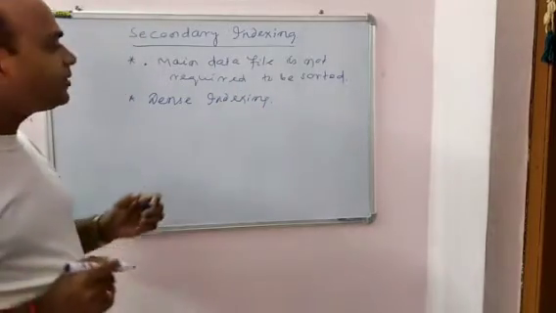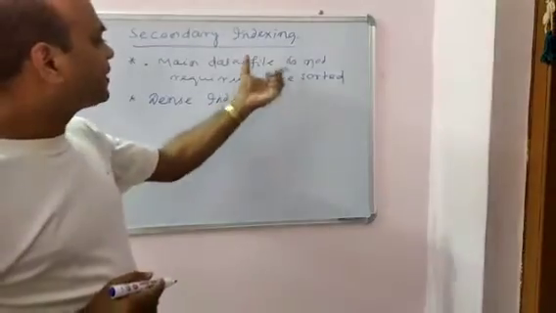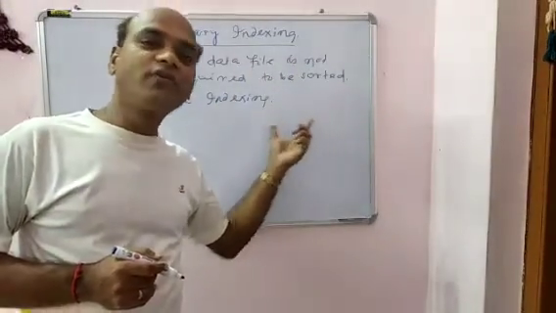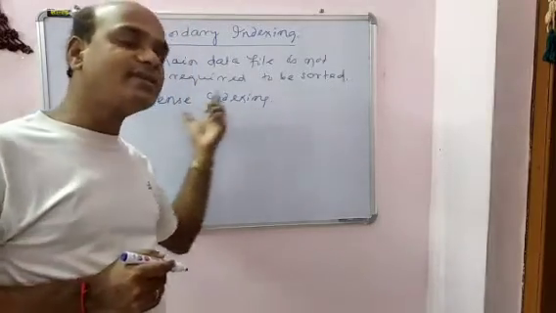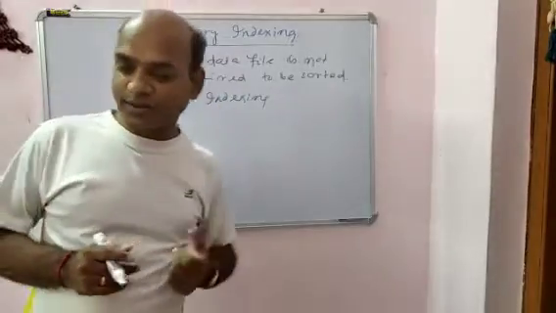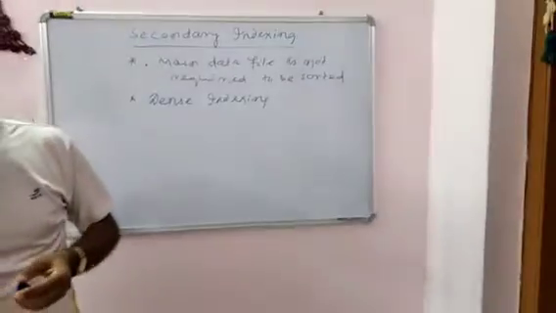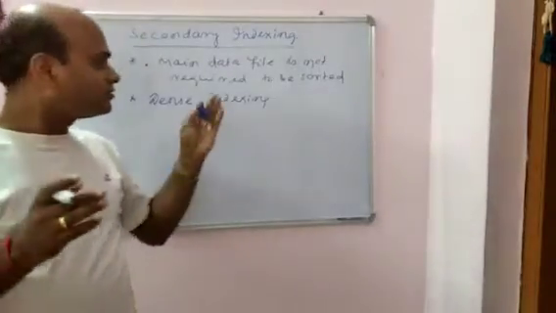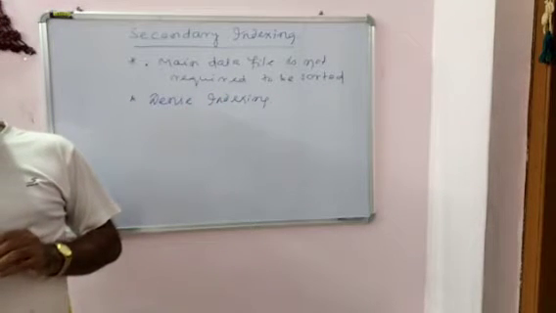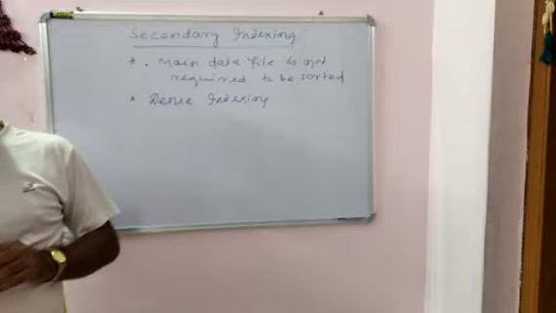Because every record in the main file requires an index entry in the index file. So secondary indexing is a file, just like a file that contains records containing a secondary field value.